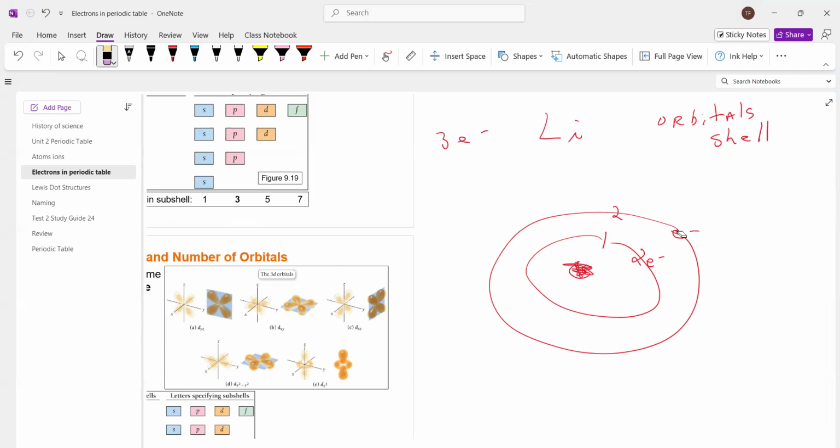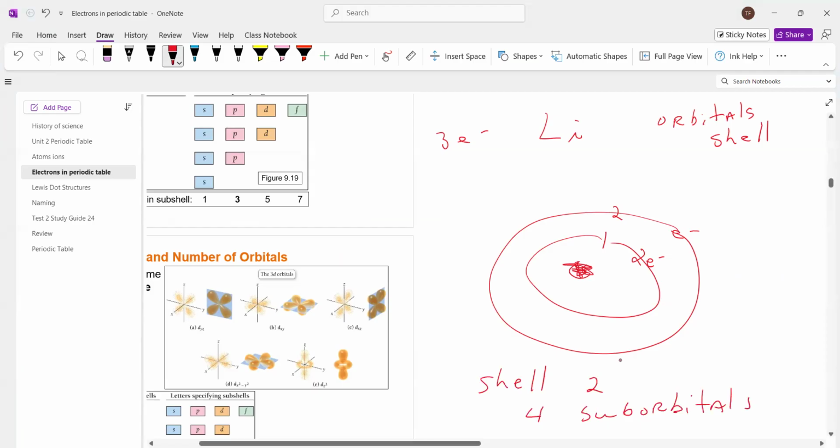Okay, one thing that quantum mechanics says, shell 2 is not 1 orbit. It's many orbitals. In fact, there are 4 suborbitals for shell number 2.